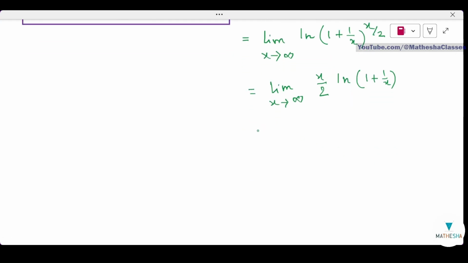So that means half will come out. We'll be getting limit x tends to infinity, and here I'm getting log of 1 plus 1 upon x upon 1 by x.